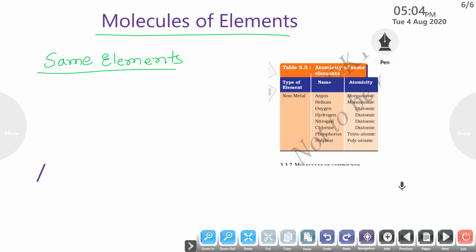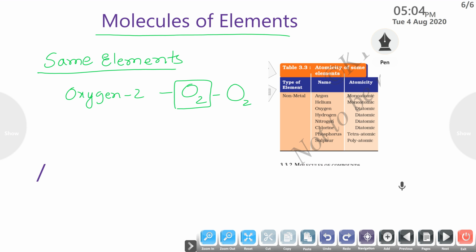For example, oxygen consists of two atoms, so we can write O2. This is an example of a molecule of an element. In the molecule we can observe two oxygen atoms.